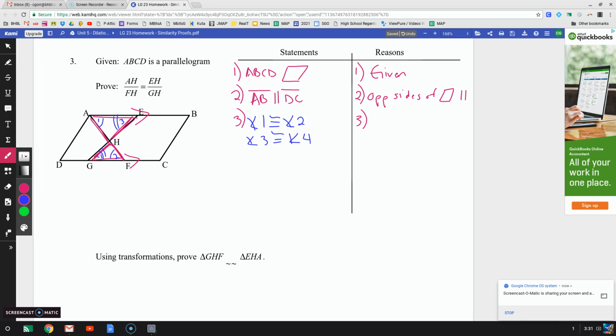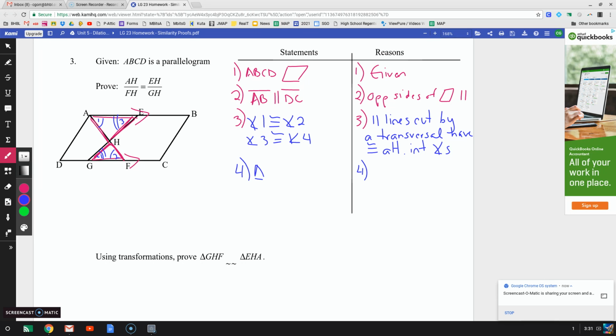And I'm going to say that is because my parallel lines cut by a transversal have congruent alternate interior angles. Now I have enough info to prove that my two triangles are similar.